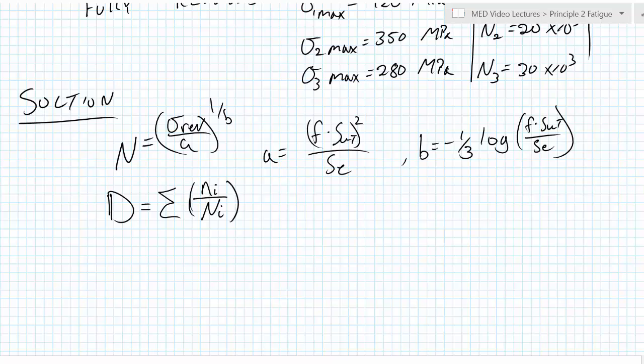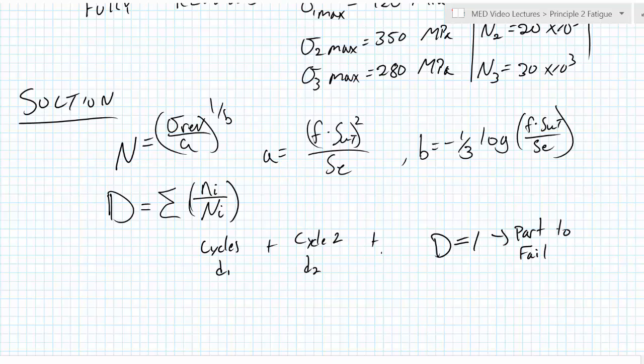So basically what we end up doing is we say from cycle 1 we get a little bit of damage D1 plus cycle 2 we get damage 2 plus so on and so forth. And when this value D equals 1, we consider the part to fail.